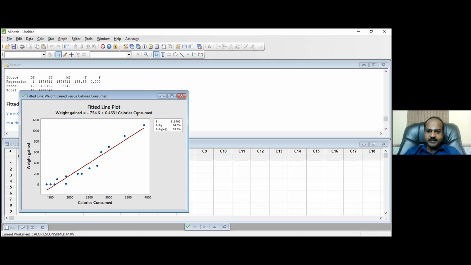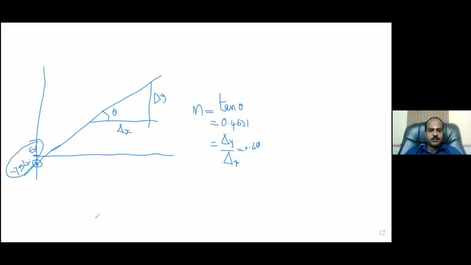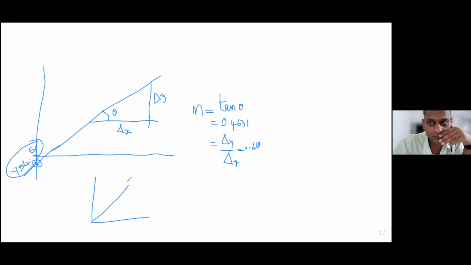If the line passes through the origin, let me again go to the whiteboard. If the line passes through the origin, what will happen to the constant term? 0. And if the angle is 45 degrees, del y and del x will be equal. 1. Now what is the equation of the line?